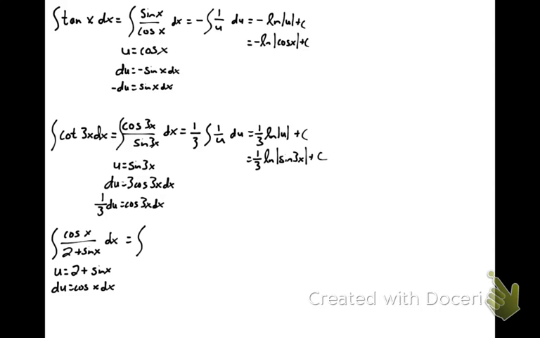This will be the integral of 1 over u du, which becomes the natural log of the absolute value of u plus c, and since u has that value of 2 plus sine of x, my final answer is the natural log of the absolute value of 2 plus the sine of x plus c.